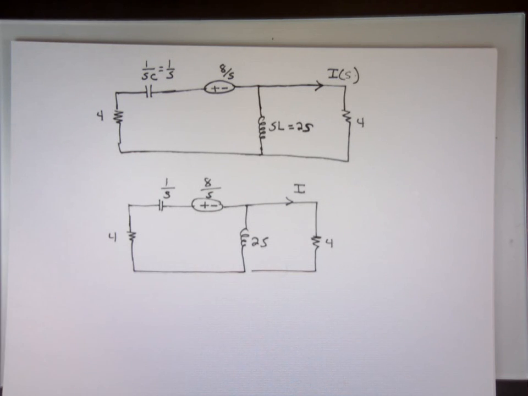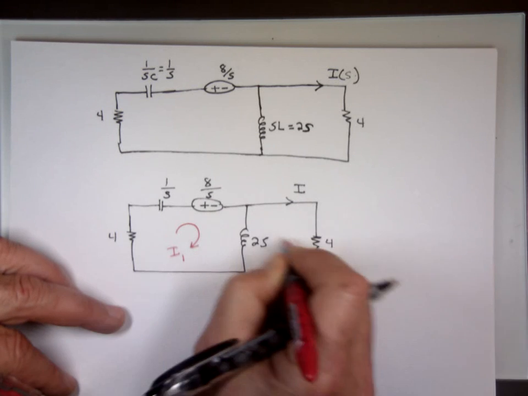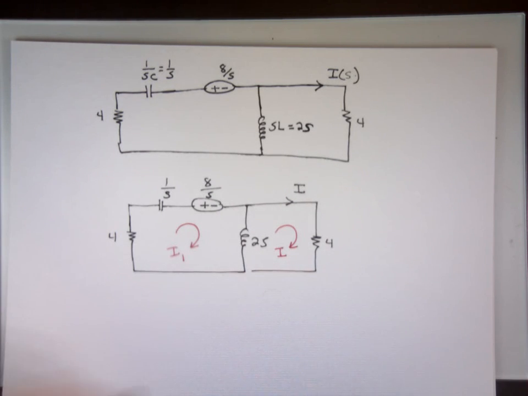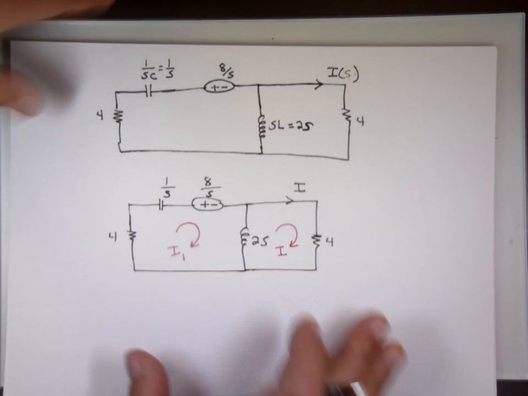If I assign currents here, this is I sub 1, and this is just I. How many equations by how many unknowns am I going to have? 2 equations by 2 unknowns.